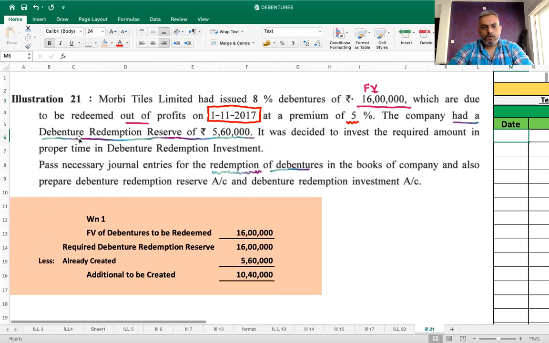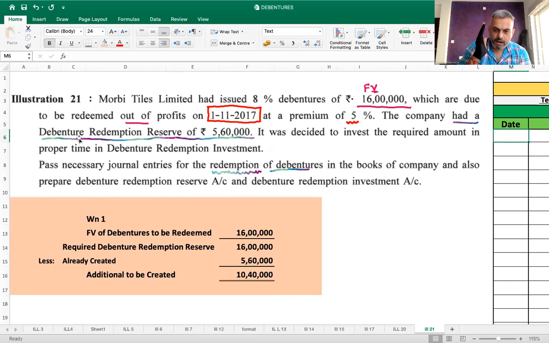Okay. Now let's start with the entry. Entry is what we are supposed to pass. Now over here, there is a very typical point that we are redeeming the debentures during the year, not at the end of the year.